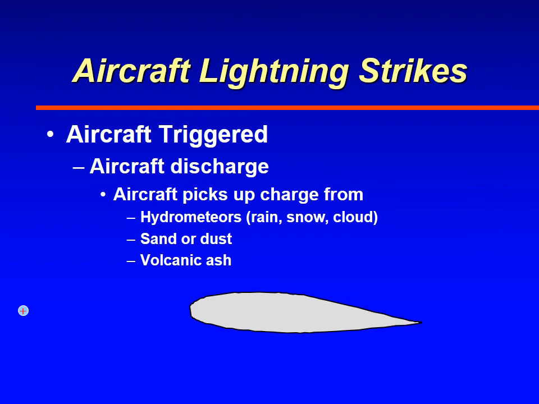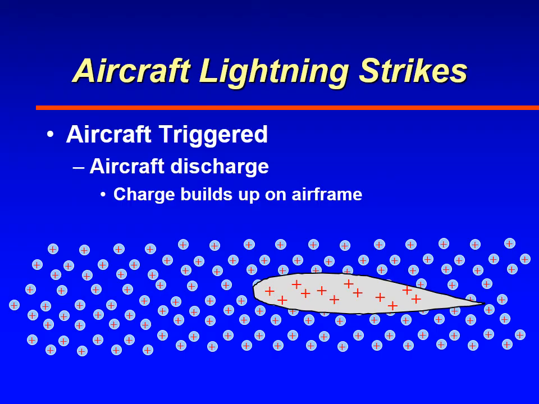As the aircraft flies through the cloud, these particles strike the aircraft and bounce off and transfer their charge to the airplane. So the airplane picks up either a negative or a positive charge. And as it continues to fly through the cloud or the volcanic ash, it continues to pick up the charge. And the charge can be so great that weird things start happening to the aircraft.